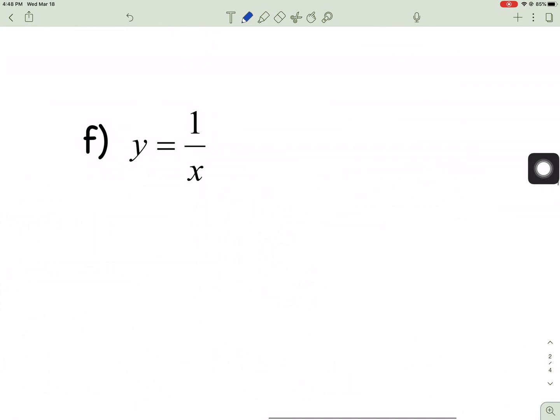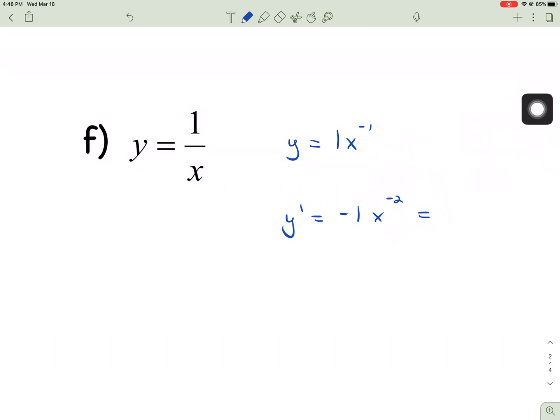Then we had variables in the denominator, so y equals 1 over x. We can rewrite that as y equals 1x to the negative 1. So then y prime will be negative 1x to the negative 2nd, which, again, we don't like the negative exponent, so negative 1 over x squared. If we have that variable in the denominator, it just makes sense to move it up top. It makes the power rule a lot easier.